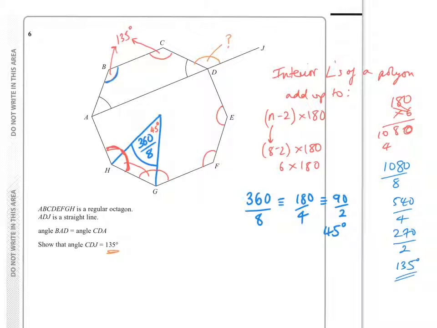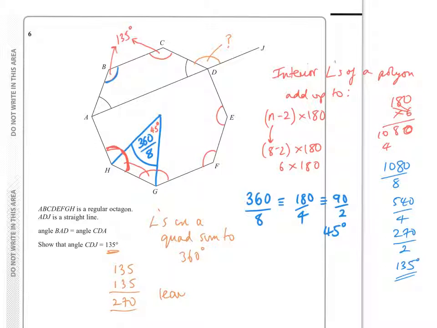Well, we know that angle BAD and CDA were the same, and we know that angles in a quad sum to 360 degrees, and as we've got 135 and 135 already, that makes 270.